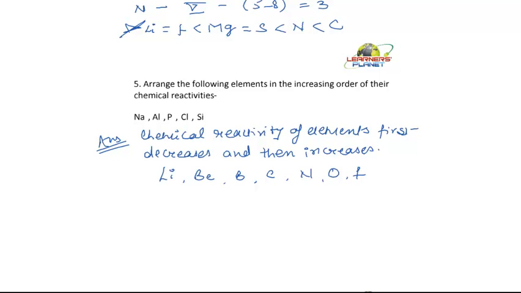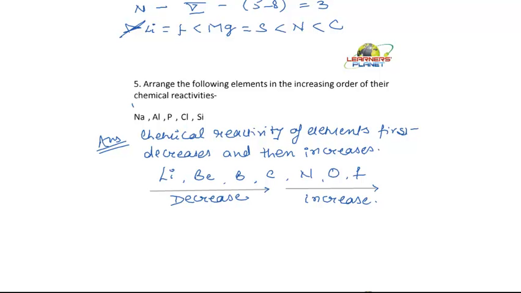The chemical reactivity will decrease up to carbon. And after that it is going to increase. Right? Now, what all elements are there? There is sodium, aluminium, phosphorus, chlorine and silicon.